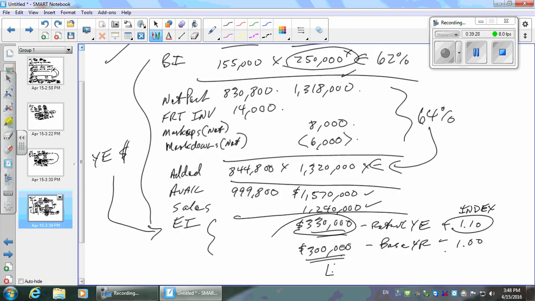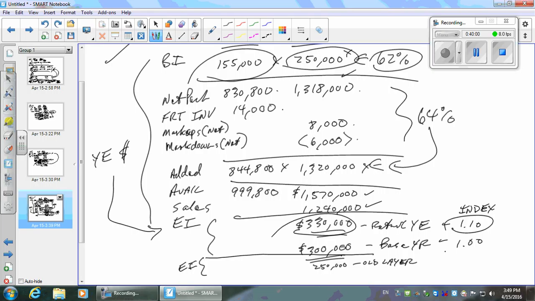So there's 250,000 from the old layer. By the way, what's the cost of those? They're at 62%. It's 155,000. I already knew it, didn't I? So the ending inventory for the year is going to be what?